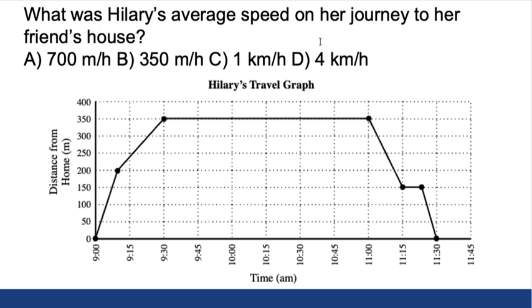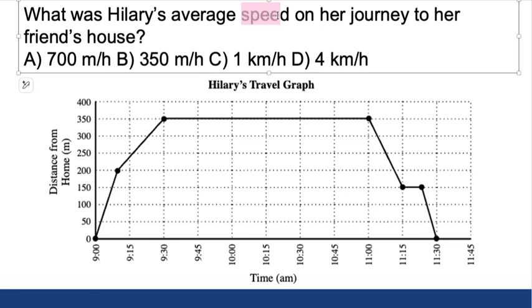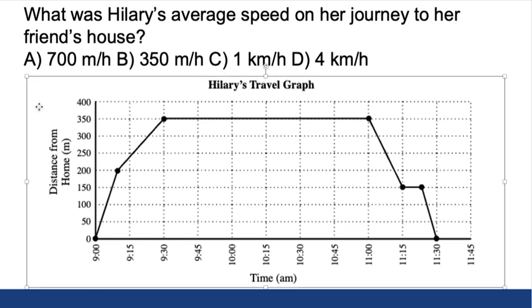What was Hillary's average speed on her journey to her friend's house? Speed is calculated with the formula distance over time.